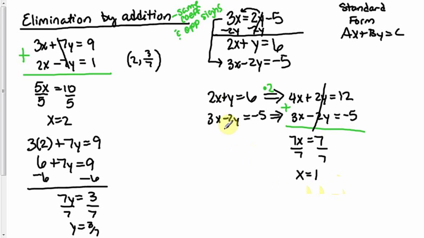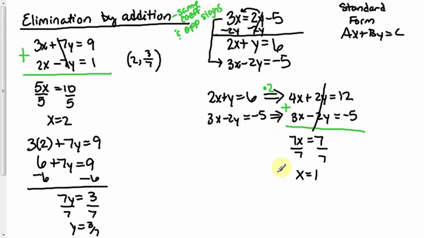I'm going to put this into whichever one of these equations looks the friendliest to me. The top one looks better than the bottom one, so that's the one I'm going to use. I could even go back up here to this one and put it in. Remember, it won't matter because that equation right there is that equation right there, just in a manipulated form.